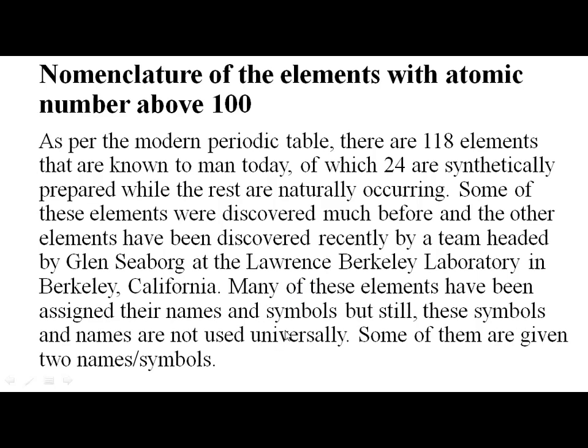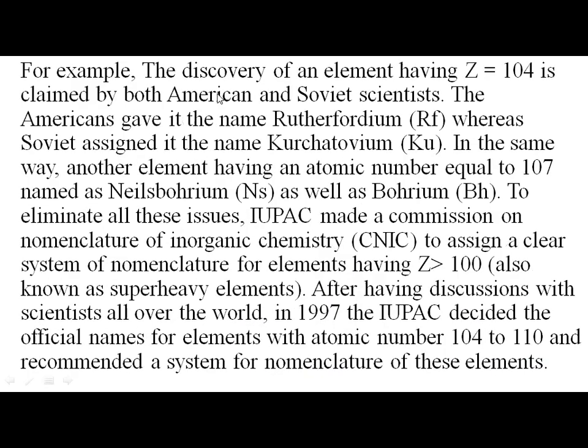But still, these symbols and names are not used universally. For some elements, two names and symbols are given. For example, the discovery of the element having atomic number 104 was claimed by Americans, and Soviet scientists also claimed to have discovered it.